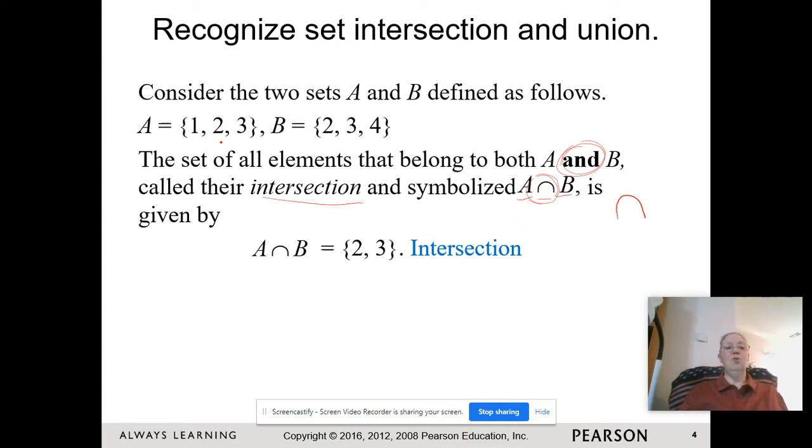So which elements are in both sets at the same time? 1 is not in both sets, 2 is in both sets, 3 is in both sets, and 4 is not in both sets. So A intersect B would be the set 2, 3.